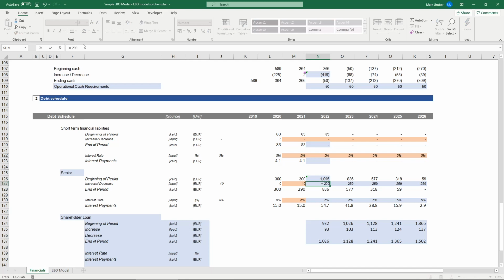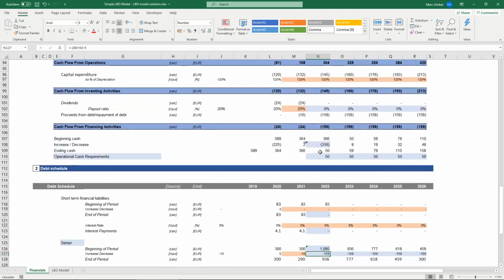Minus 200 plus 50 minus 9. A 159 of debt payment in the first period should equal an ending cash balance of 50. So we see in the end of cash balance, now we have our cash on the target of 50, and we can increase the pay down, all else equal.